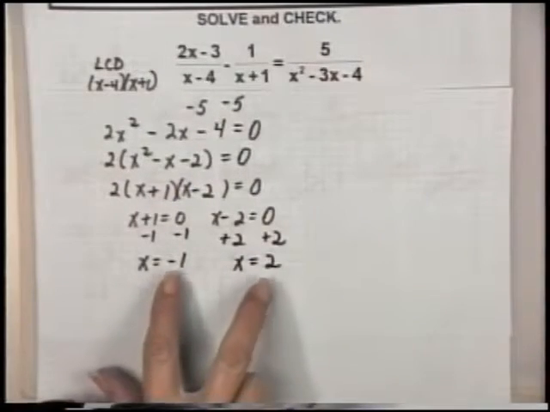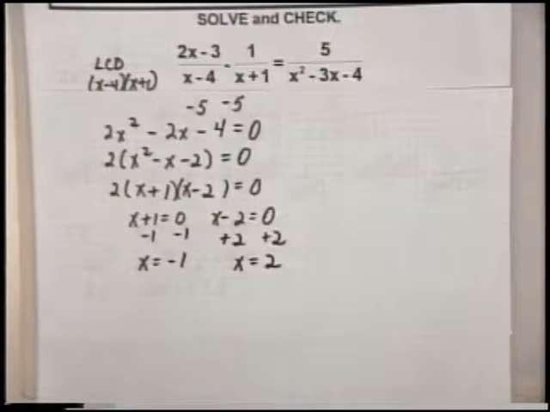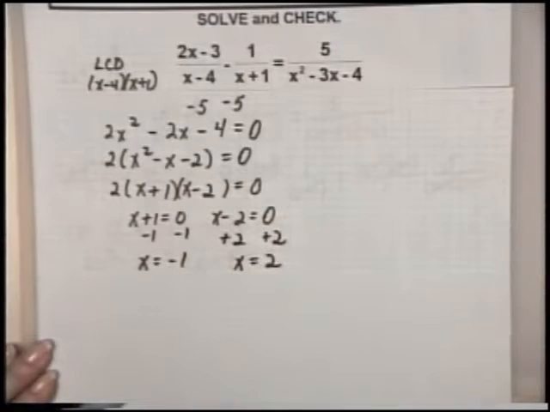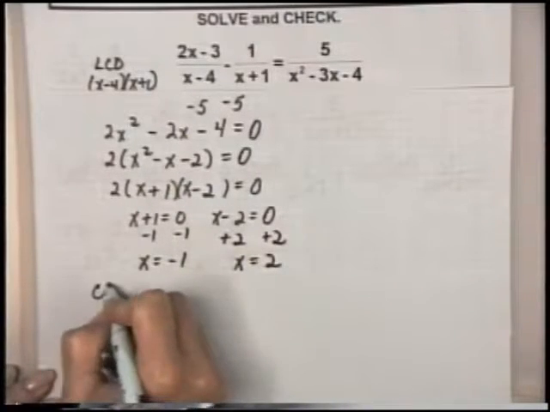I get x equals 2. So the solutions of my resulting equation are x equals negative 1 and x equals 2. I need to check those in my original equation. So I want to check x equals negative 1 and x equals 2.